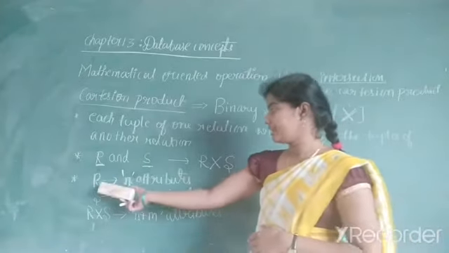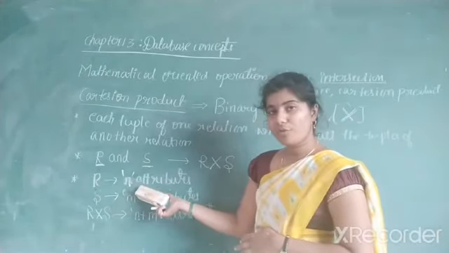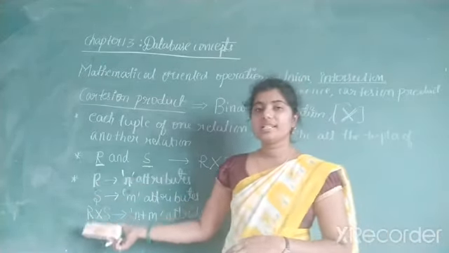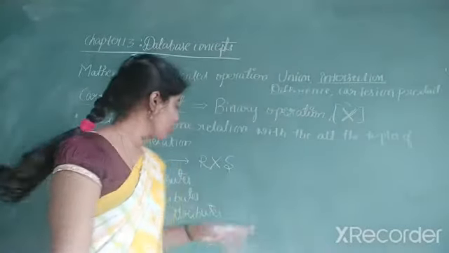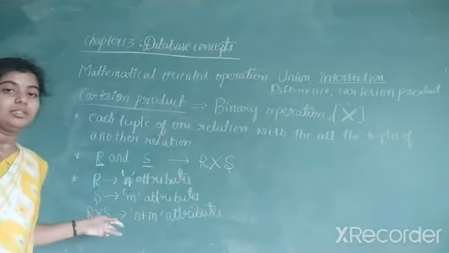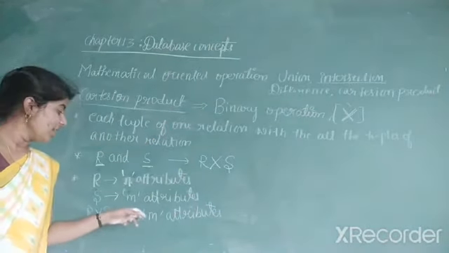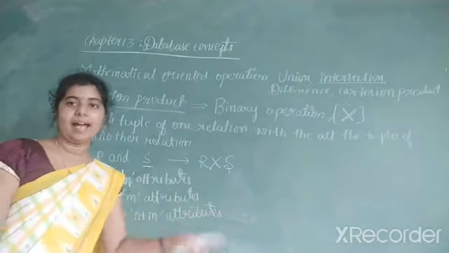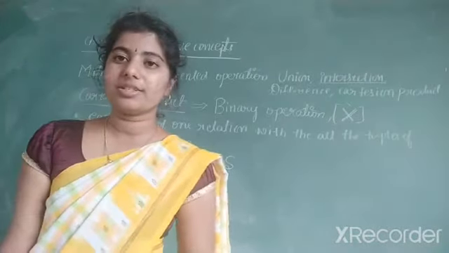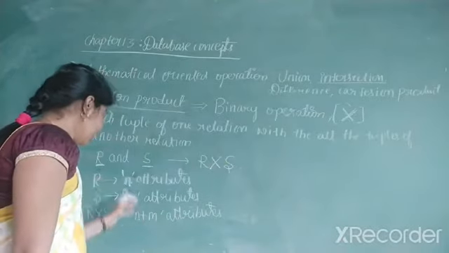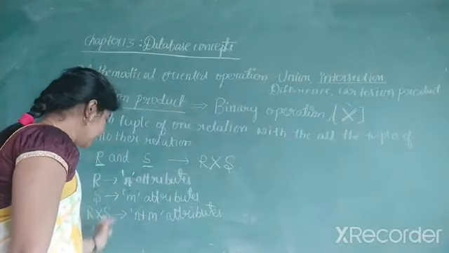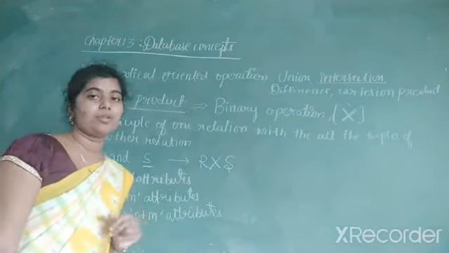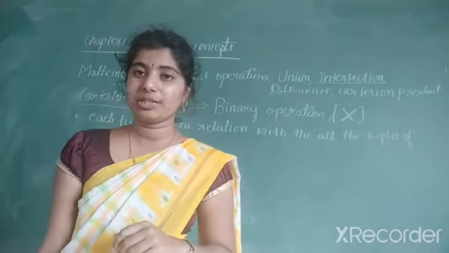So if there is a relation R which consists of n attributes and a relation S which consists of m attributes, then the resultant relation has n plus m attributes. When you do the Cartesian product, how many attributes will the resultant relation have? n plus m attributes.